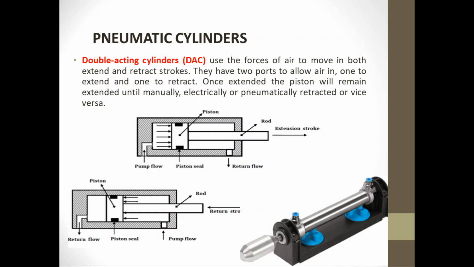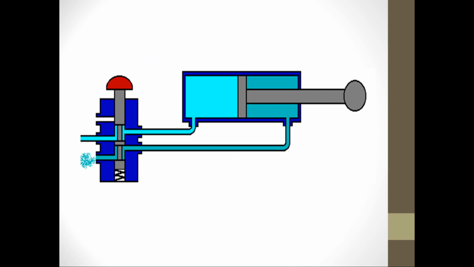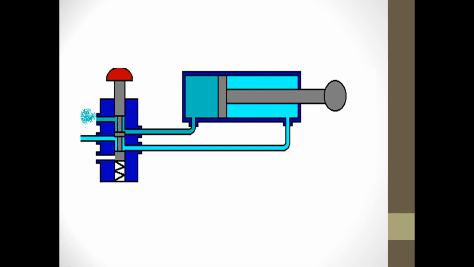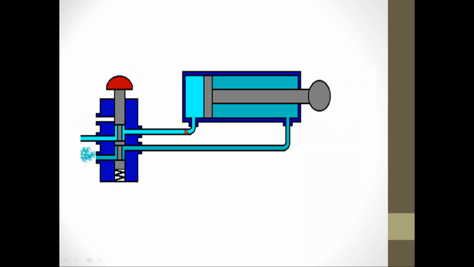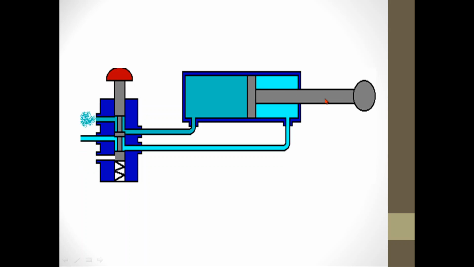Now, before we go to the directional valves, we'll try to visualize the operation of double acting cylinders. You notice in this diagram, the light blue color represents the direction of the air.